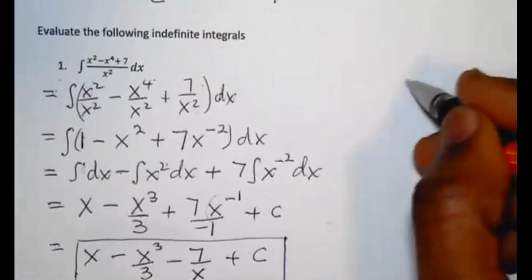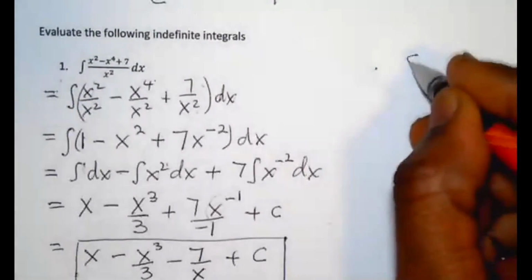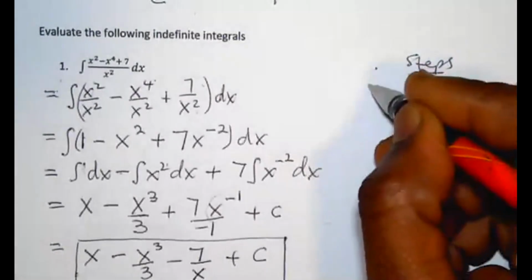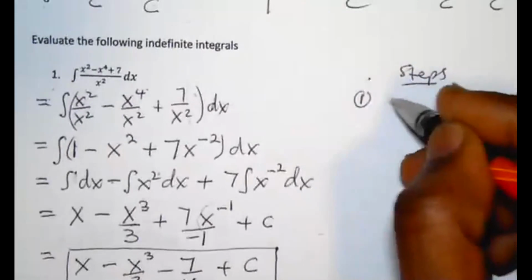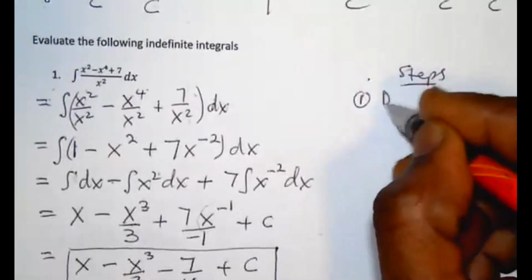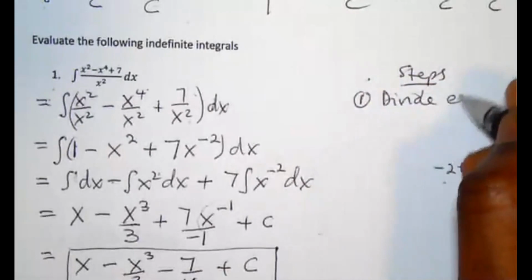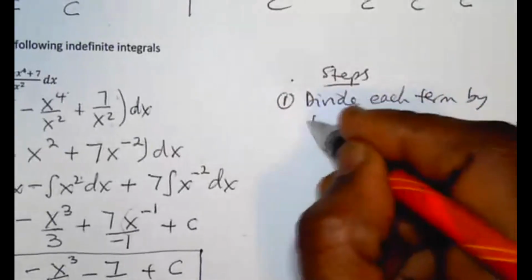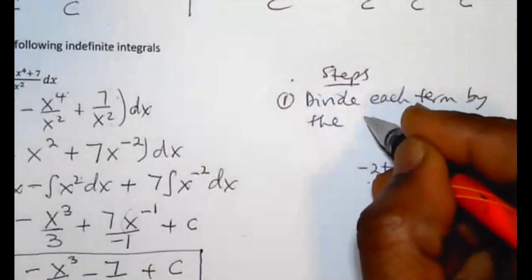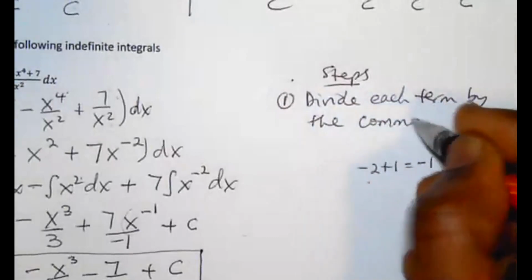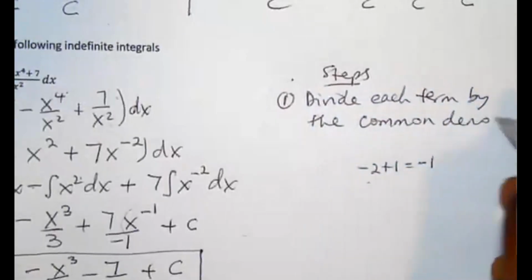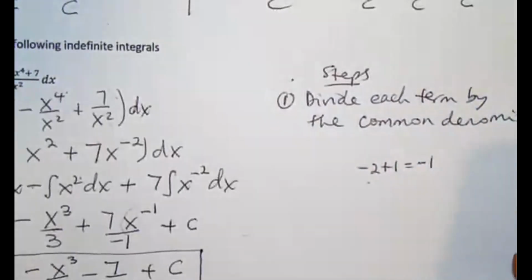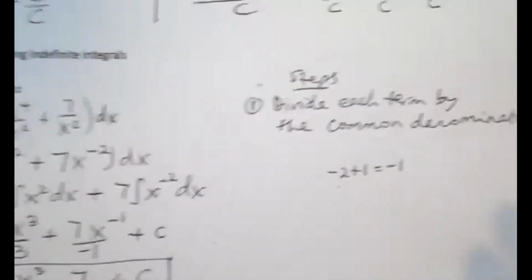So 1, divide each term by the common denominator. So that's the first thing that we did.